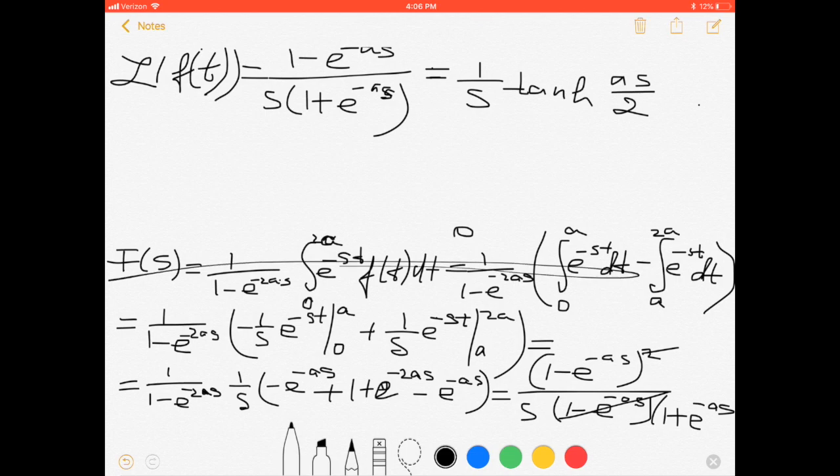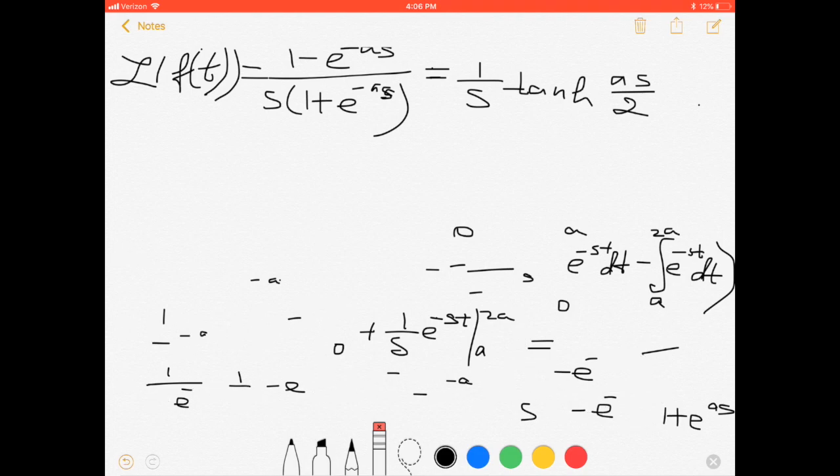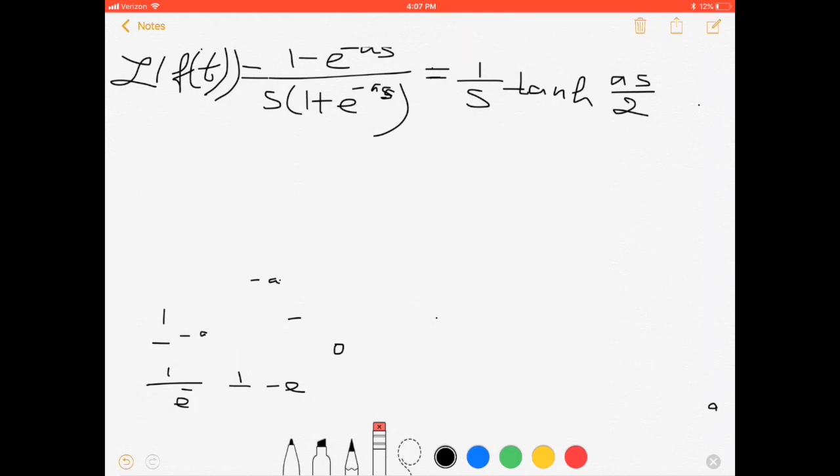The next example, oops, here. I think we need to remember this function because it's a very useful formula.